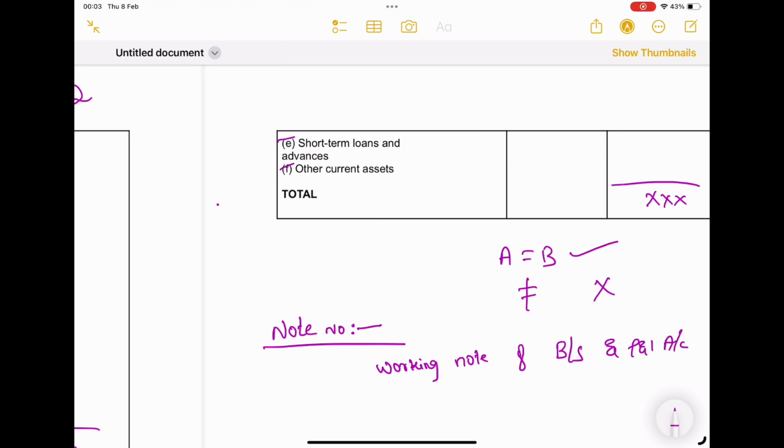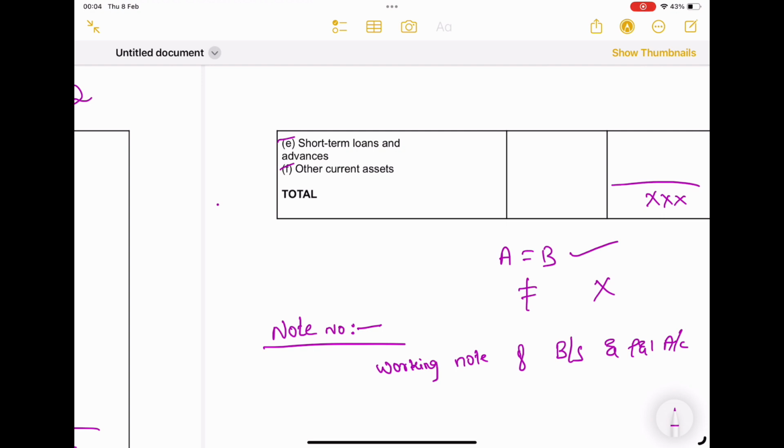For example, if there are any calculations, after drawing the lines for the balance sheet, or before that, we'll leave one page and write note 1, calculation of depreciation. We'll calculate there, and those answers will be written in the balance sheet or in the P&L account, isn't it? But the Companies Act made it mandatory for us to mention each working note in an orderly manner.